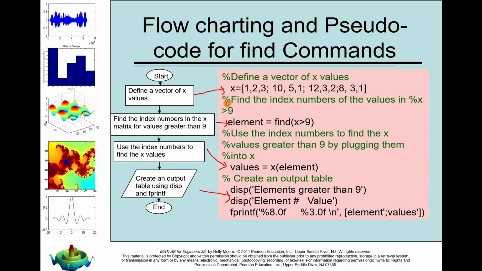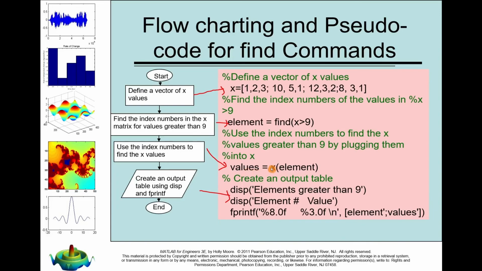We are going to use the find command to find the index number of the values in x greater than 9, and then use that index number to find the x values greater than 9 by plugging them into x.